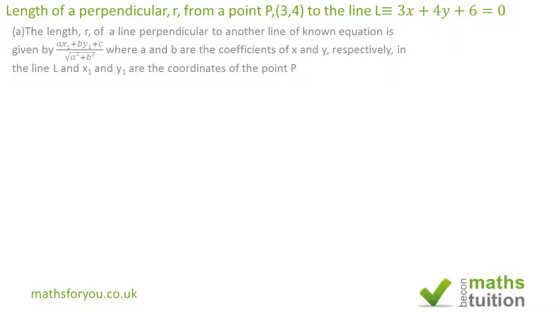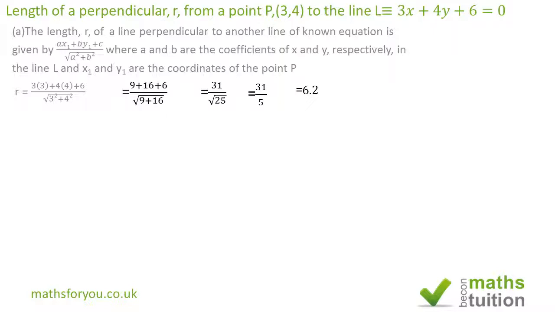And B is the coefficient of y in the line L, and C is the constant 6 in the line L. Now if we substitute, x sub 1 is the value of x at the point P, and y sub 1 is the value of y at the point P. When we substitute these numbers into this formula, we get that R has a value of 6.2.